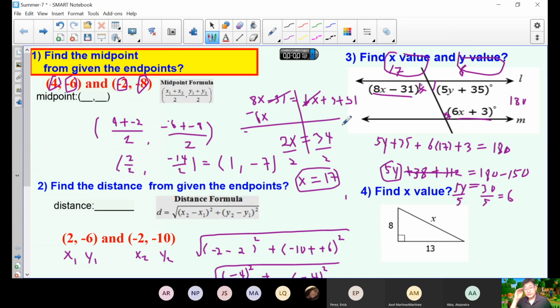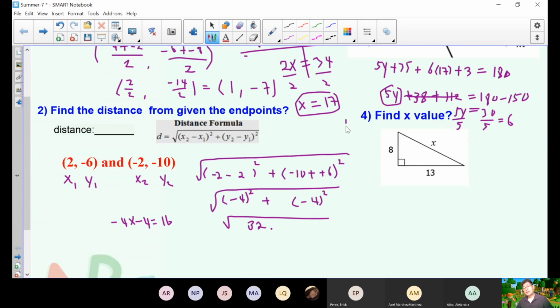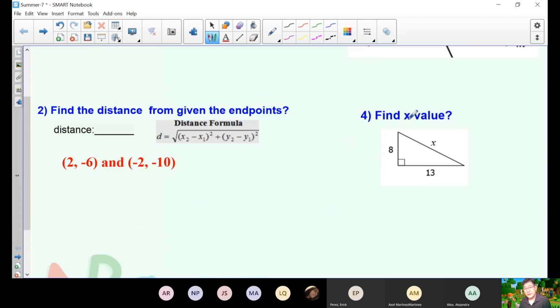So next one. Anybody knows how to find the x value? Let me clean up everything. How to find the x value? We call it the Pythagorean theorem, right? Pythagorean theorem is a squared plus b squared equal c squared.